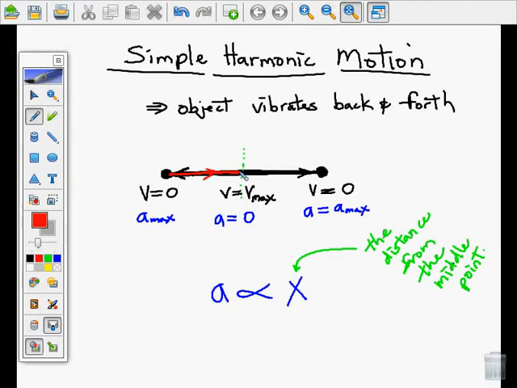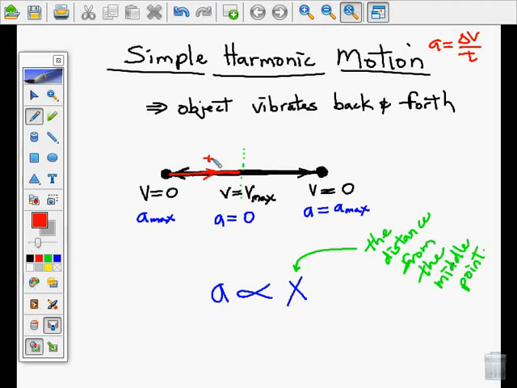Now, the thing is, acceleration is how much the velocity is changing over each unit of time. The acceleration is positive this whole way through, but it's not the same value. As it gets closer to the center point, the acceleration isn't as great as it was out there.